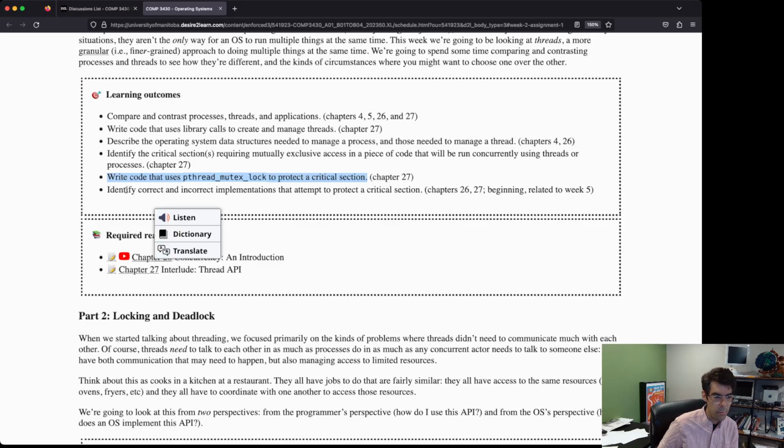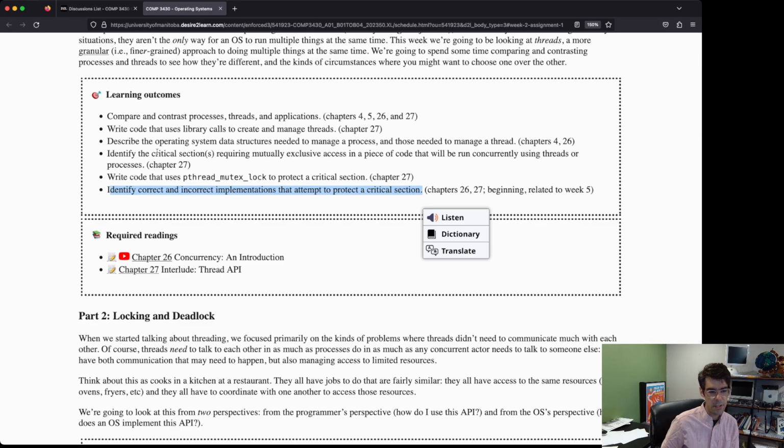Identify correct and incorrect implementations that attempt to protect a critical section. Similar to identifying critical sections, you're going to be implicitly assessed on this in assignments, because you're going to write code and maybe it's not going to work correctly. But you are going to implicitly be doing this there, because you're going to identify that as maybe an incorrect implementation of an attempt to protect a critical section.